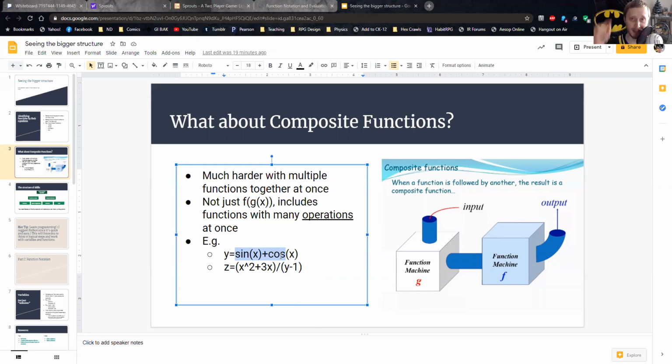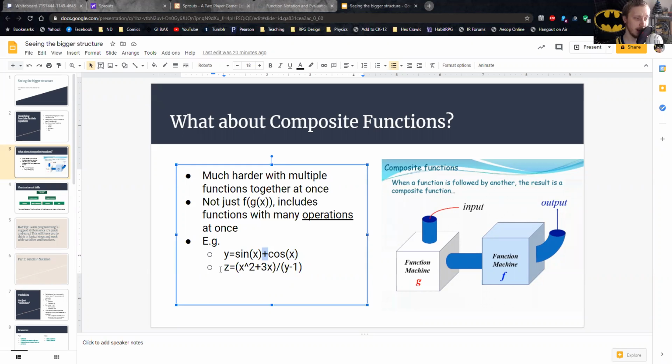What is this function here? Is this a sine function? This whole thing, y equals? No. Is it a cosine function? No. It's a composite of the two. It's adding two things together, this addition of two parts. And so you need to notice that first.